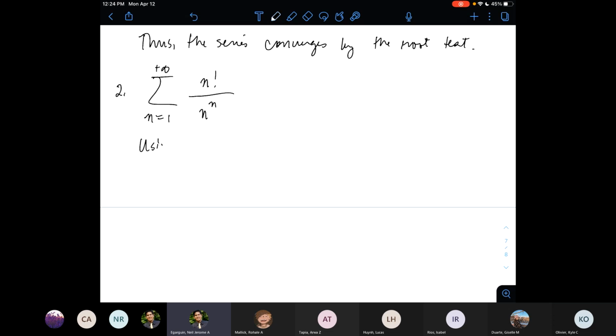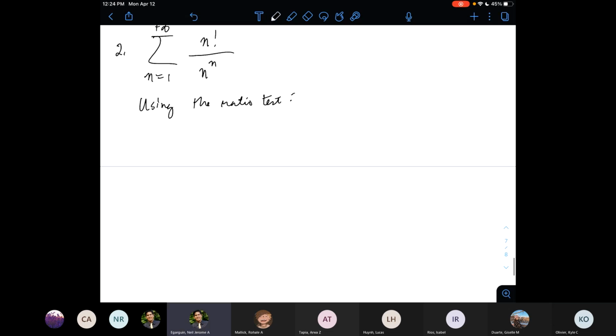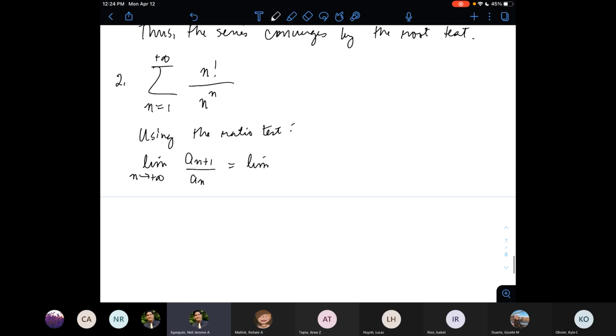So using the ratio test, we'll take the limit of a sub n plus 1 over a sub n as n approaches infinity. Now again, a sub n plus 1 is obtained by replacing all n's by n plus 1.